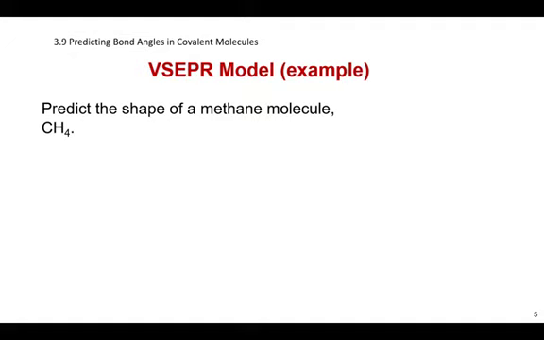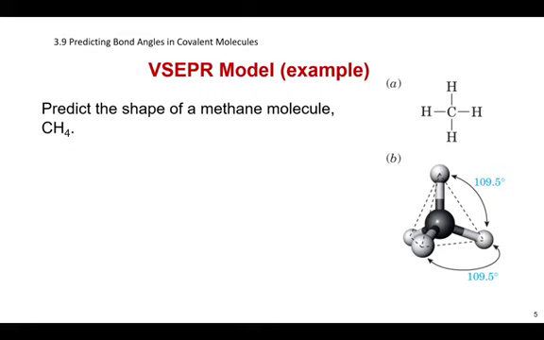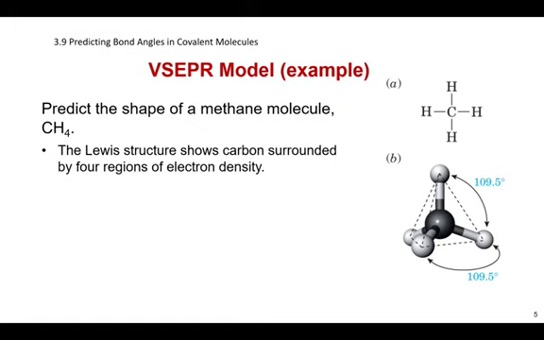Let's look at methane. Methane has this structure. How do four things arrange in space equally distant from each other? That's tetrahedral. Tetrahedral angle, perfect tetrahedral. How many of you have heard about the tetrahedral shape? A tetrahedron has four corners, four edges.